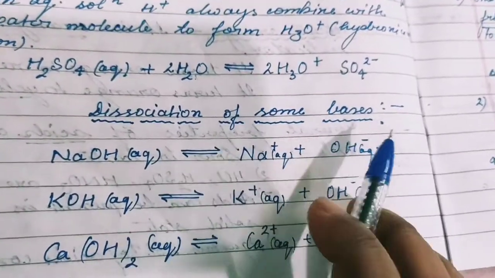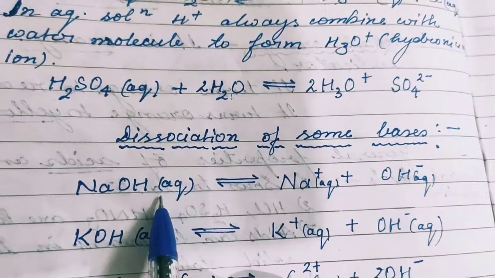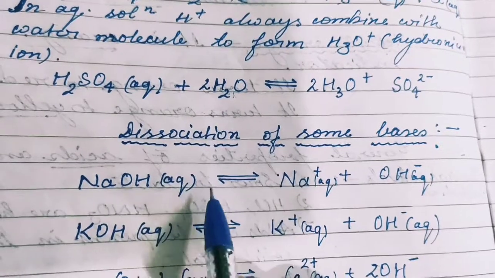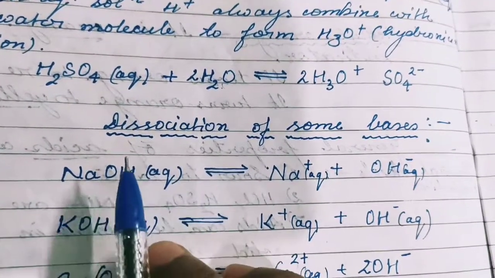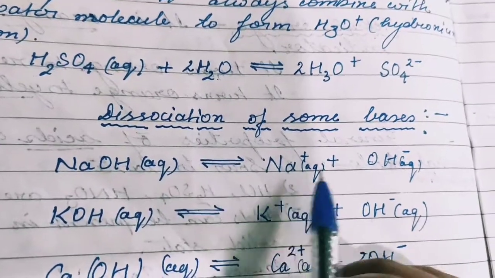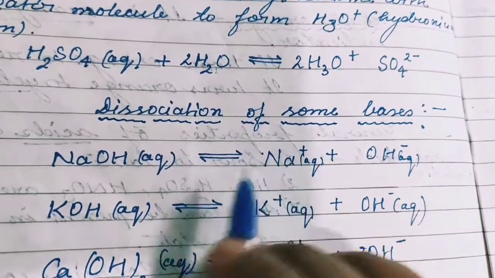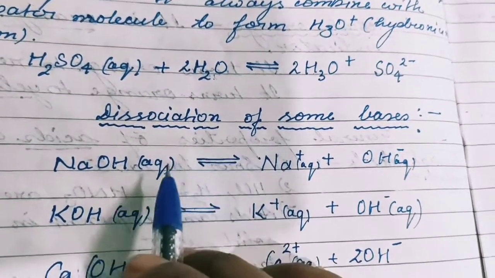Now dissociation of some bases according to Arrhenius. So sodium hydroxide, here AQ is just telling that it is in the aqueous form. So students, sodium hydroxide in the aqueous form gives sodium ion and hydroxide ion. As I have told you that according to Arrhenius, bases are those substances which dissociate hydroxide ion when dissolved in water.